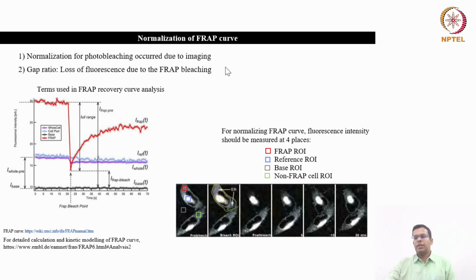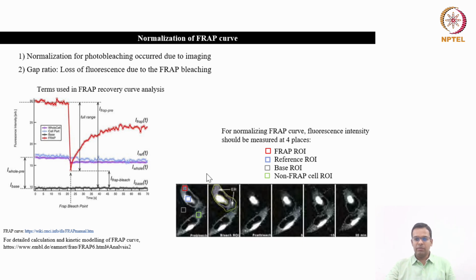Because you are imaging after photobleaching for several frames, that imaging will also photobleach your fluorescent molecules. So you need to normalize the fluorescence intensity of the bleached spot with that of the unbleached area. And the gap ratio is the loss of fluorescence due to FRAP bleaching.